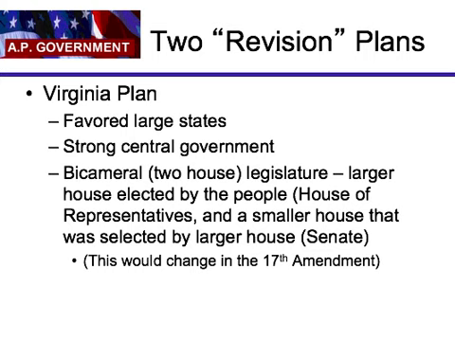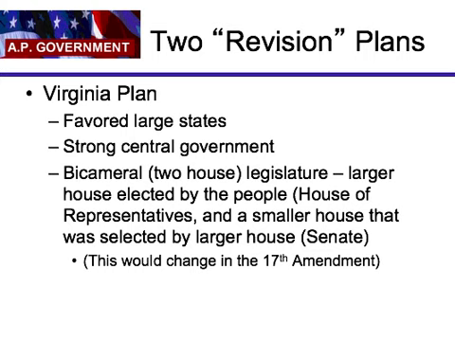So Virginia individuals, as you read, were there earlier with some other larger states, and they wanted to favor their larger states. They wanted a strong central government, and they wanted to create a Congress, a legislative branch with two houses, or bicameral. The larger house was the House of Representatives, elected by the people, and a smaller house that was selected by these representatives, known as the Senate.